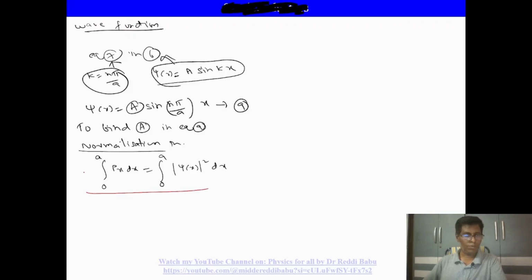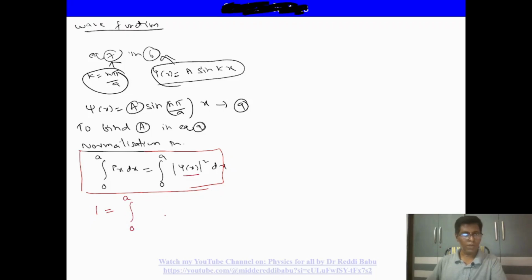Okay, very important for the 2 marks. Now this is from the normalization. According to the normalization, the total probability of finding the particle within the well is equal to unity. According to this theorem, left hand side is equal to 1 and right hand side I am writing integral 0 to a.